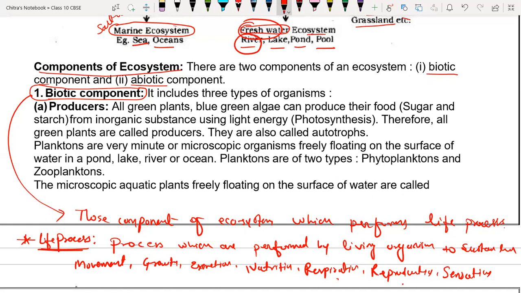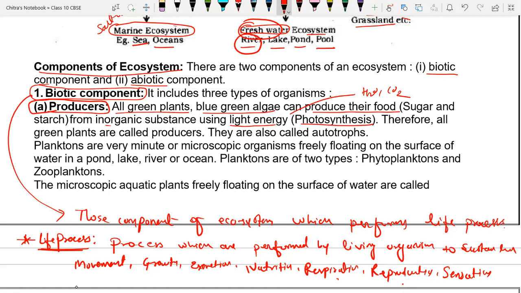Now we have different categories in biotic component, and the first category is producers. Producers are all green plants and blue green algae that can produce their own food by the process called photosynthesis. They use inorganic substances like light energy, water, H2O, and carbon dioxide.